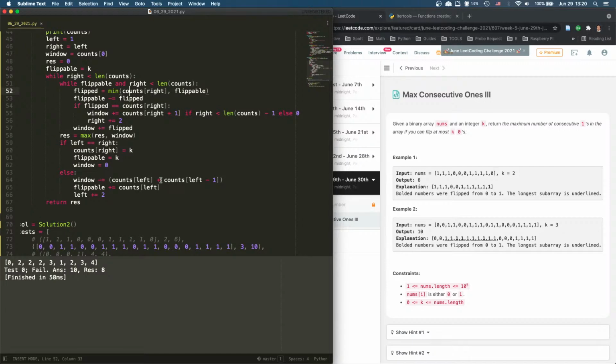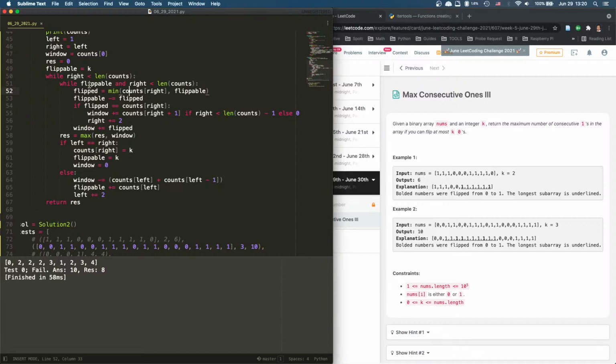That gives 3. Plus left minus 1 is 0. So window becomes 3. And flippable becomes 2. And the left plus 1 plus 2, so left comes here. Now back up here. Alright.